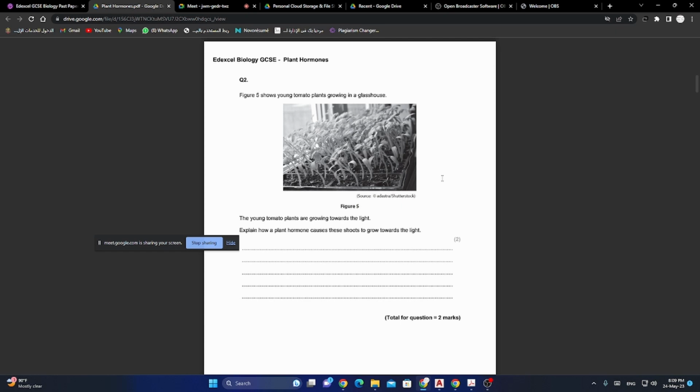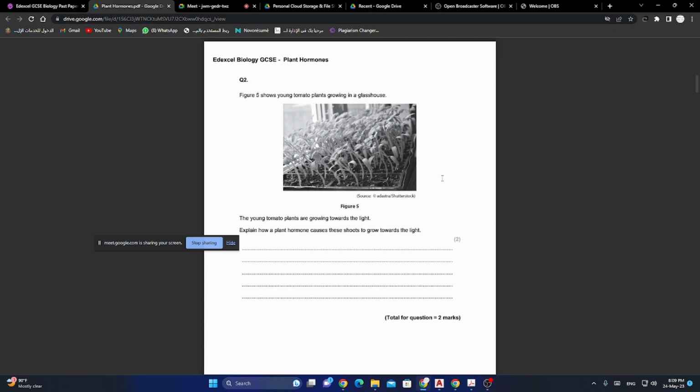No. Oh, wait. The auxin is produced in the tip. It doesn't get produced in the side. What happens is that auxin diffuses towards the side that has less light. It diffuses to that side, towards the dark side. So when it does that, the cells on that side start to elongate.